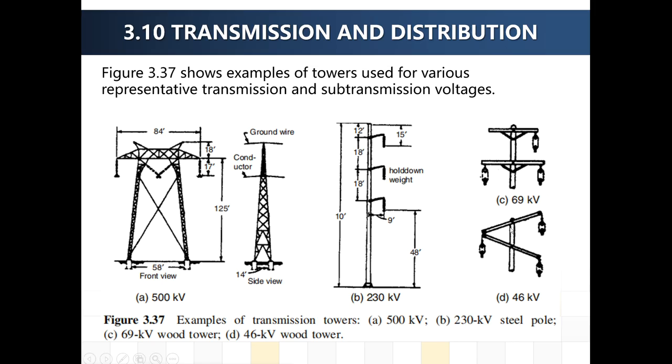C shows the 69 kilovolt wood tower, and D shows the 48 kilovolt wood tower. These are the insulators, which do not conduct electricity, and the transmission line hangs through this point.